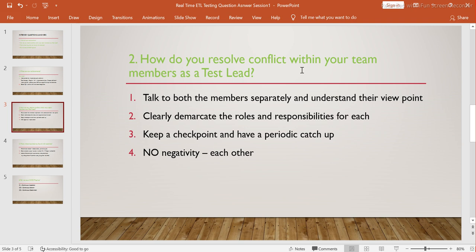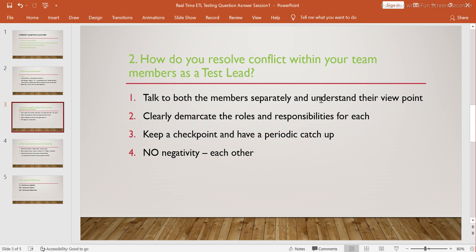Obviously, when it is needed, you also need to understand their personal requirements, and if some leave, etc., is needed, obviously you have to understand that part, right? So now if there is a conflict between two team members, you can go and talk to each of them separately, one on one, and try to understand why and what the problem is, right?